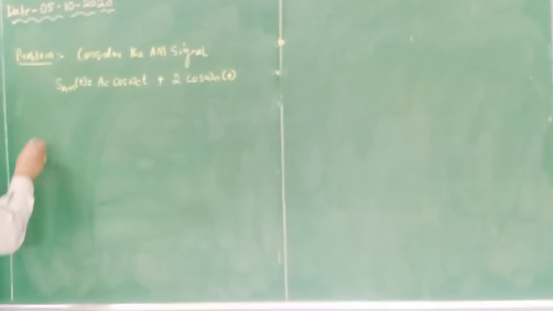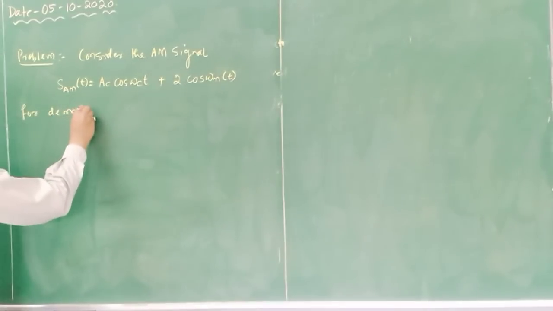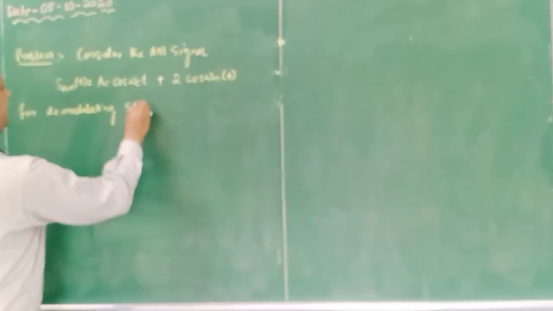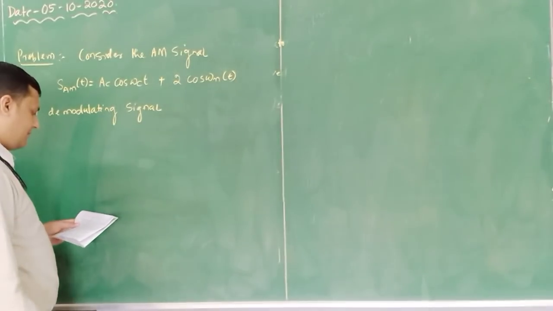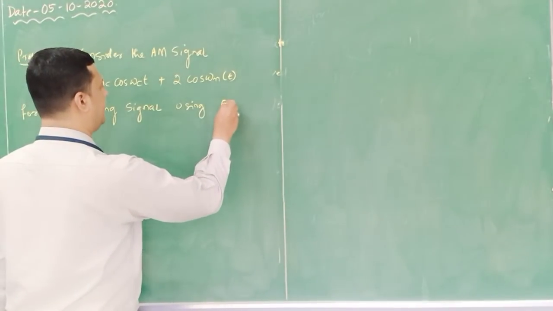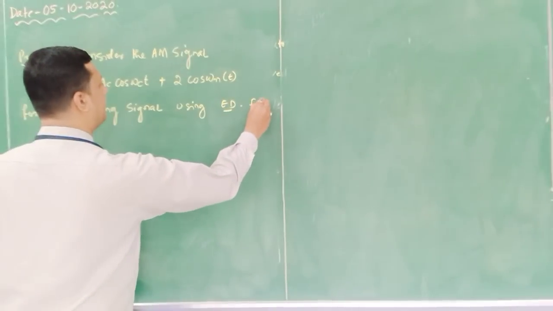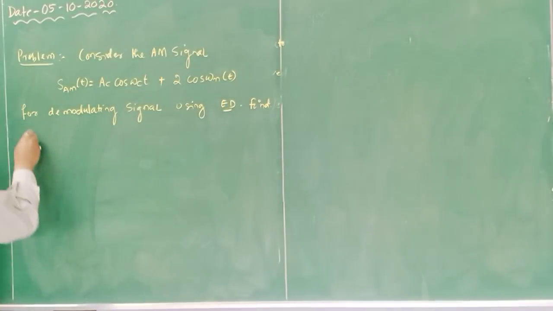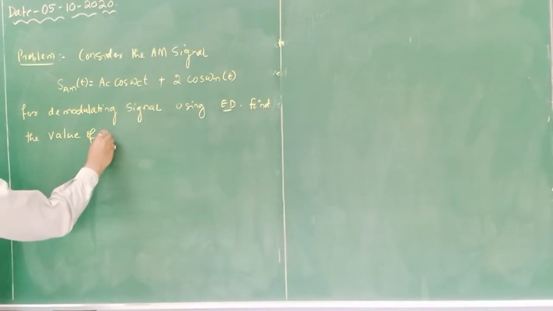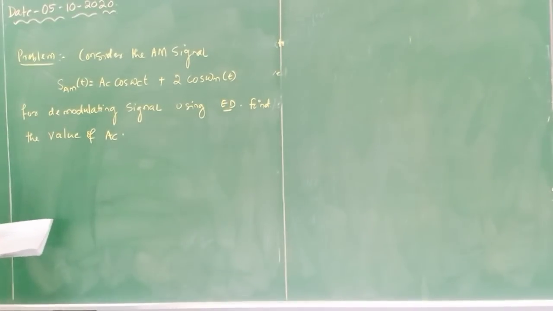For demodulating the AM signal using the envelope detector ED, here we need to find the value of A_C, meaning the amplitude of the carrier we need to determine.